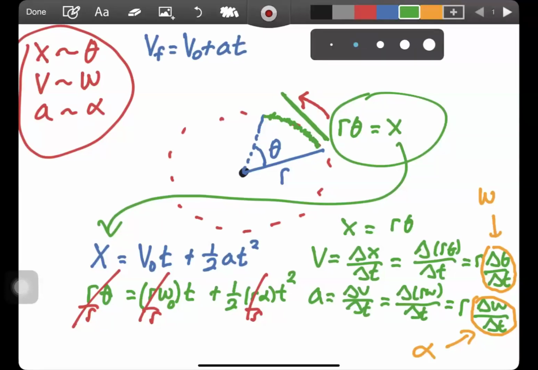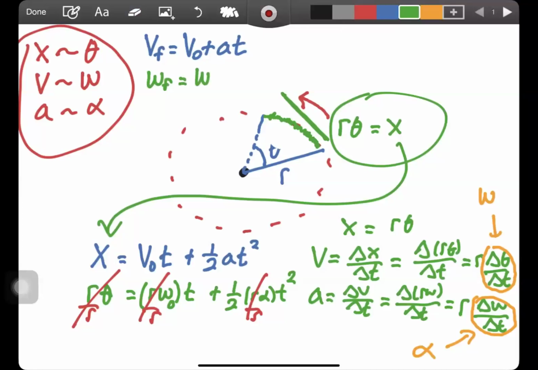Wherever I see V, I put omega. And remember, look at the bottom and see how the r term is constant in each of the terms, and so it cancels out. And that's why you can just directly go x to theta, v to omega, and a to alpha. And so to make the transformation now, I see a V final. Well, V final is going to be omega final. I see a V initial. That's going to be omega initial. I see an A. That's going to be an alpha T.